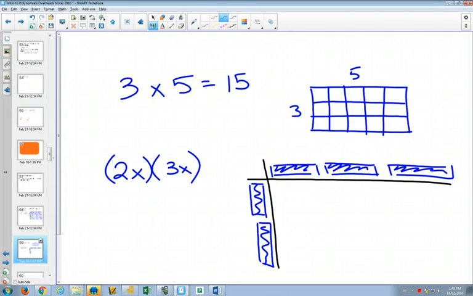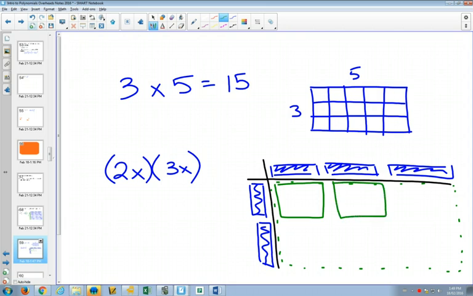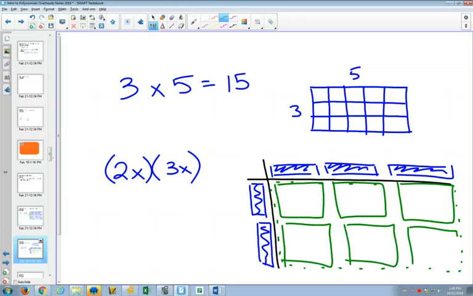What would fill up this space? This is the idea of algebra tiles. If you have 2 x's here and 3 x's there, what would you need to fill up that whole space? Can you see that big squares would fill up 3 across this way and 2 across this way?